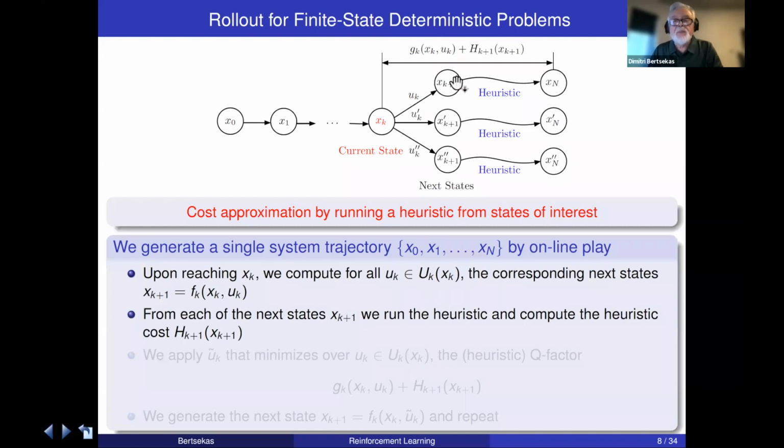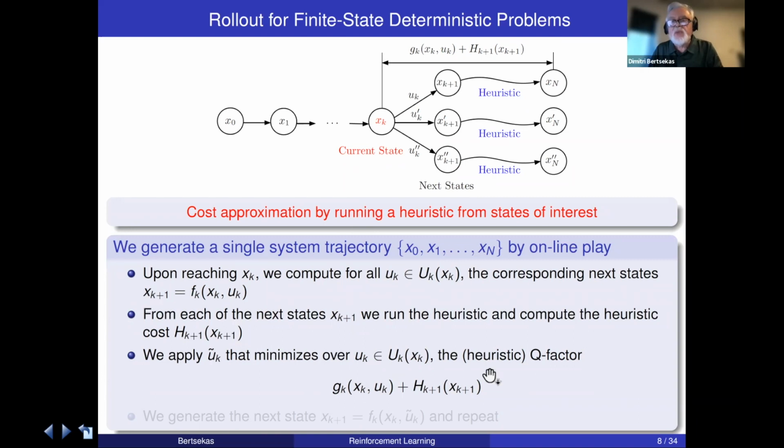It generates a trajectory all the way to the end, and also a cost. Now, the cost of the heuristic is denoted by Hk plus 1 of xk plus 1. And for each one of these controls, we calculate this expression, and then we choose the control that minimizes this expression.